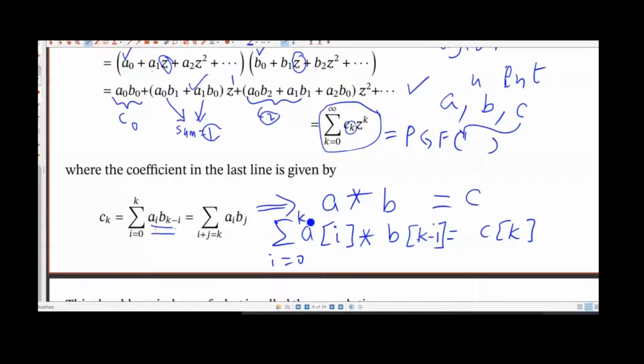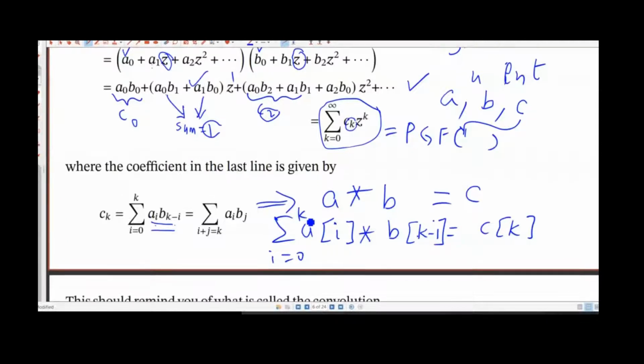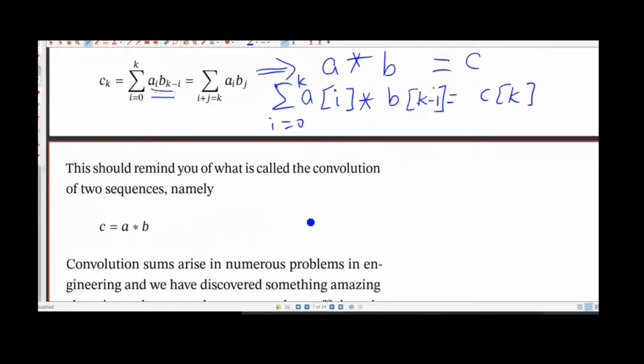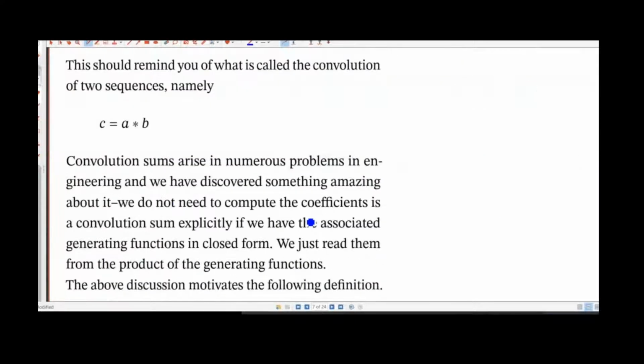Isn't this what you do in convolution? So basically, you have established that the convolution of two sequences, and I already told you that a discrete time signal is a sequence, is basically the simple product of their PGFs.